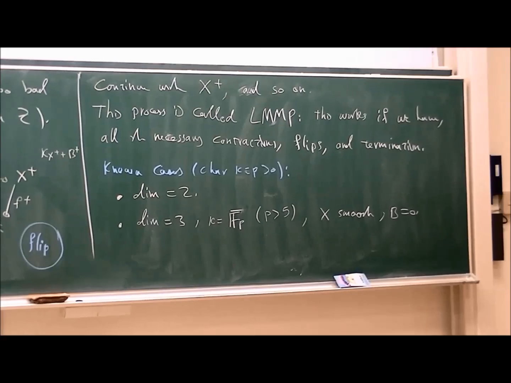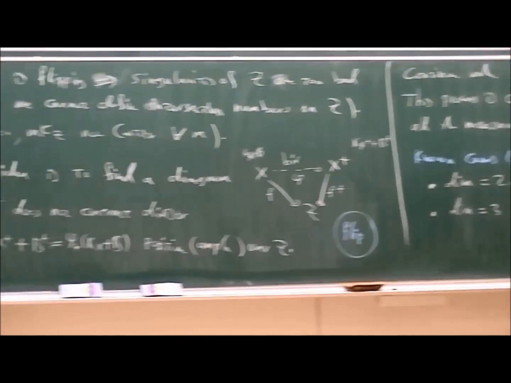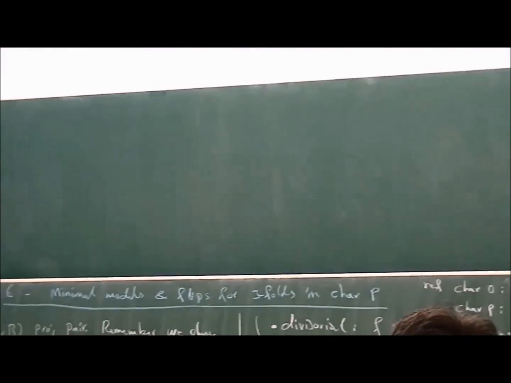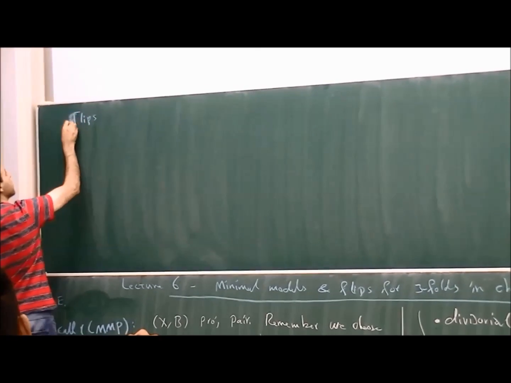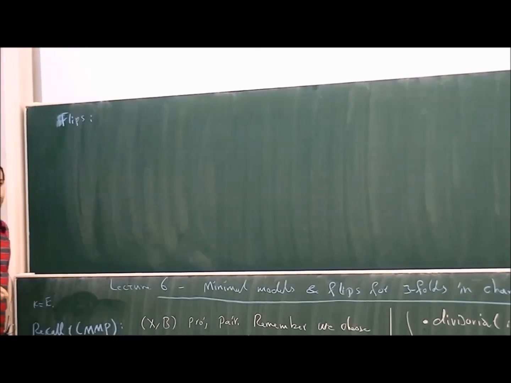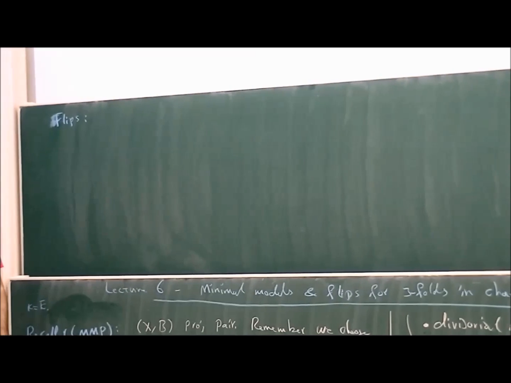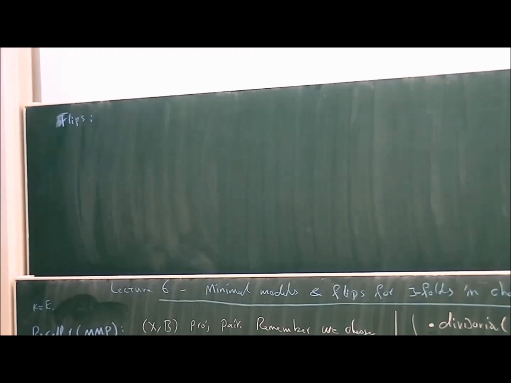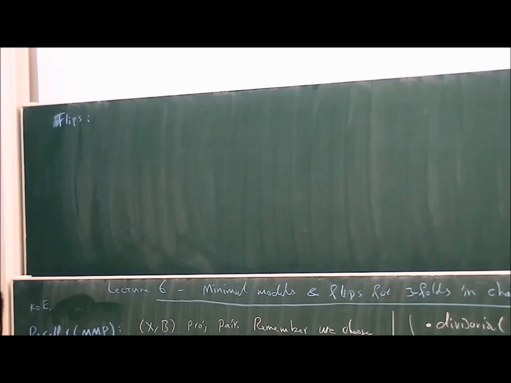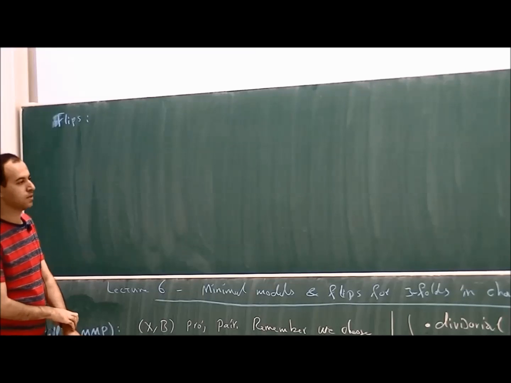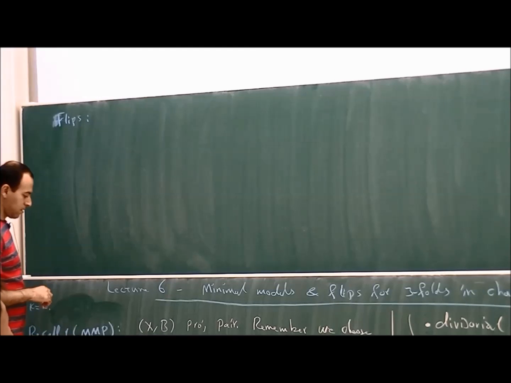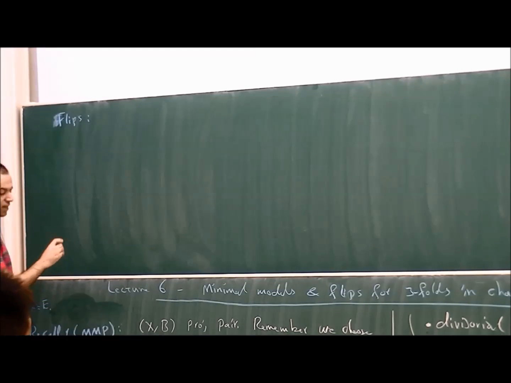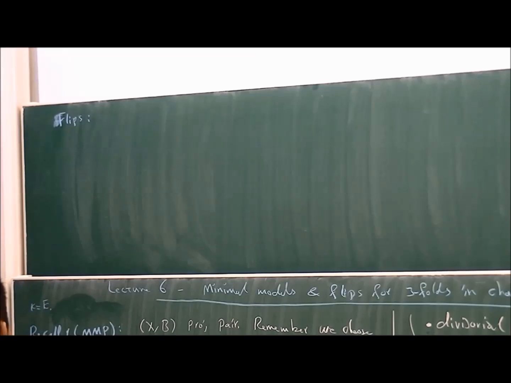So now, most of the talk will be about flips, because I have already discussed minimal models in previous lectures. I even constructed models for surfaces and in some cases, semi-stable, maybe finite. Okay, so flips and finite generation.